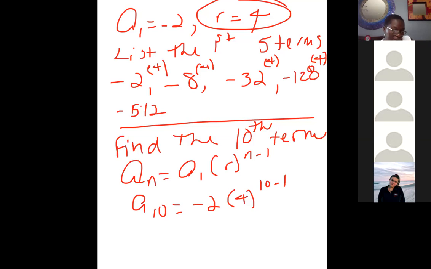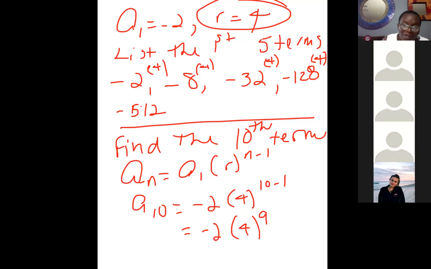So we go ahead on our calculators, guys, and we're going to plug this into the calculator. -2 times 4 to the 9th power. Now, let me just say this. Please, please, I implore you guys, type in the problem exactly like you see it, okay? As in -2 times 4 to the 9th. Don't go and multiply 2 times 4 and get 8, and then you do 8 to the 9th. That would be completely and utterly wrong.